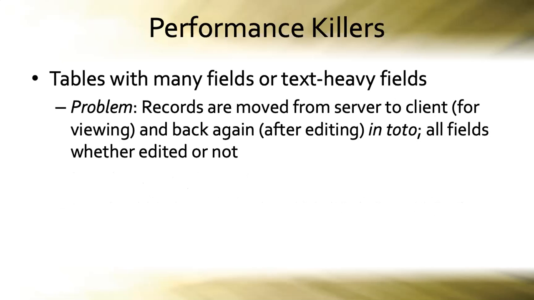And so if you have a table with, let's say, 5 fields in it, and one of them is a text field that users are accustomed to putting loads of text into, 10,000, 20,000, a million characters into that text field, but they don't change it very often. They change the other 4 fields quite often.